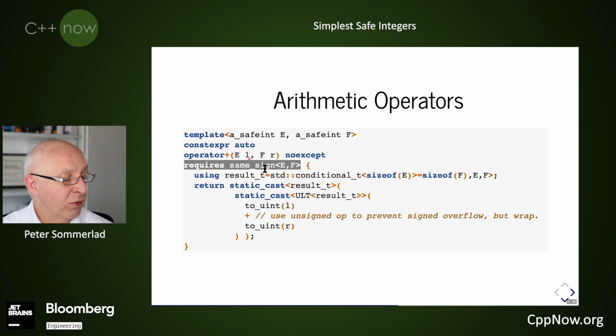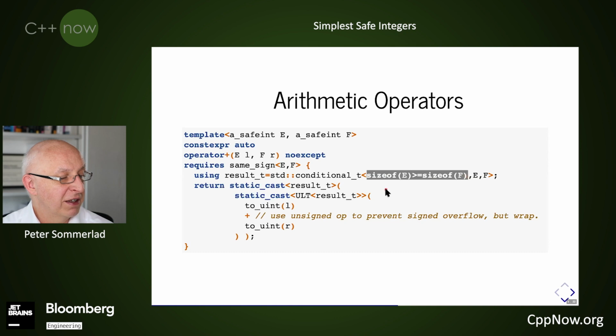And that way we get the promotion. So we look at which type is actually the wider type. If one is wider, we select the wider type. Otherwise, we select either one for the result.